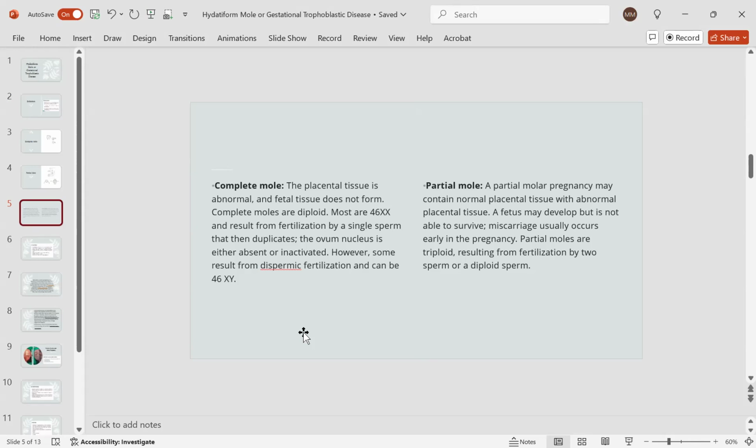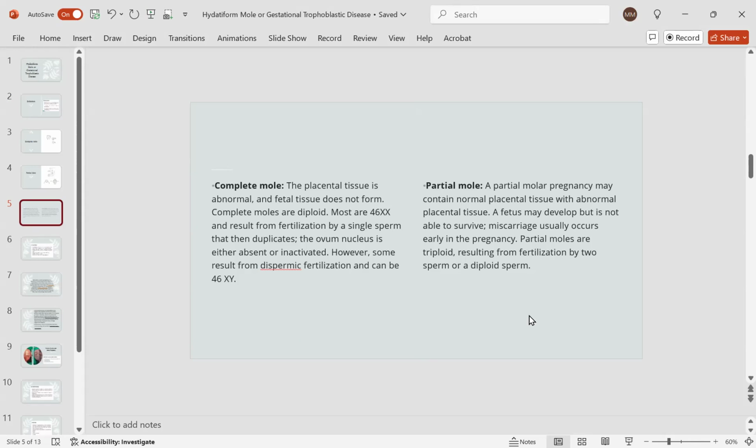But the nucleus in the ovum is either not there or it doesn't get activated. So, in other words, most commonly a sperm and an egg meet, but there's something wrong with the egg. And specifically, it's 46XY chromosomes, but you don't really need to know that. But the bottom line is the egg is not right, right? There's no nucleus in there, or the nucleus just doesn't get activated for whatever reason.